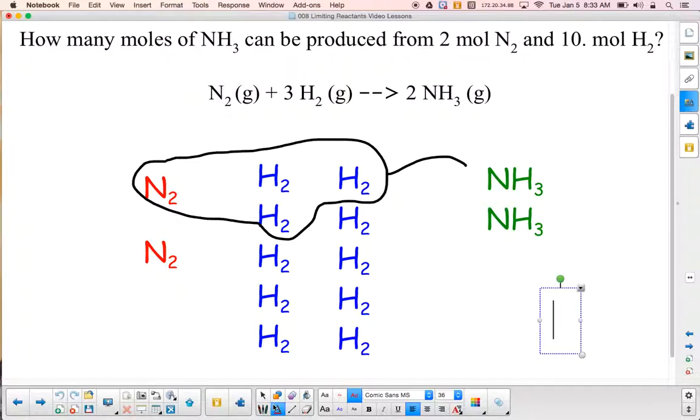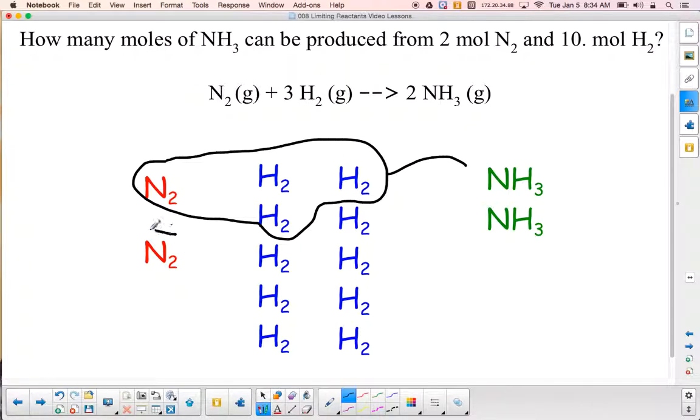And now I'm going to do this again. I'll get my pen back, and I'm again going to loop together 1 mole of N2 and 3 moles of H2.